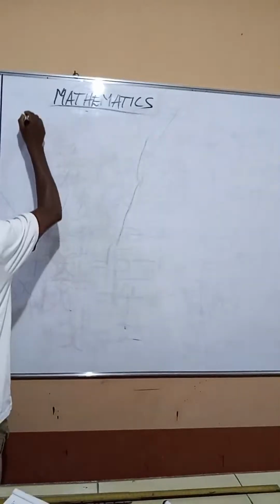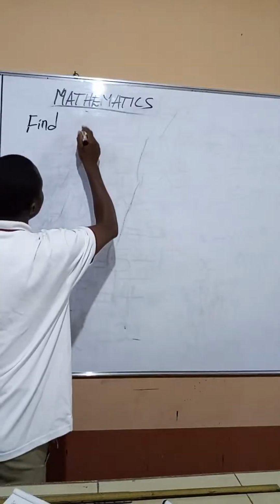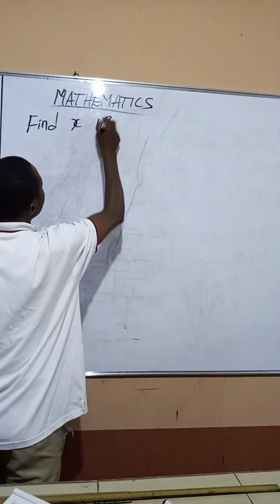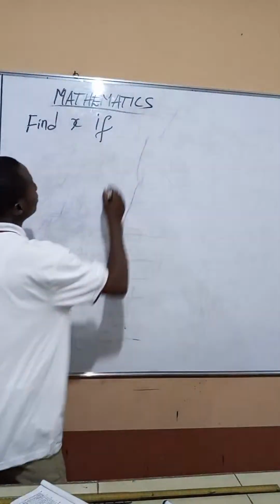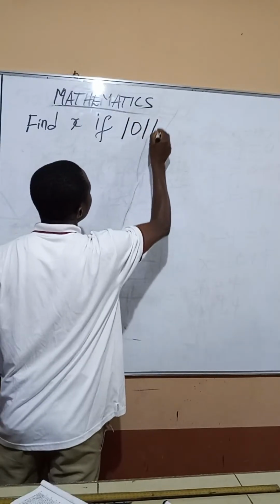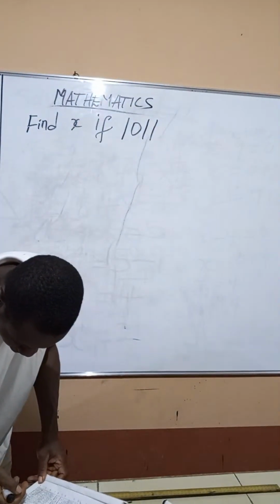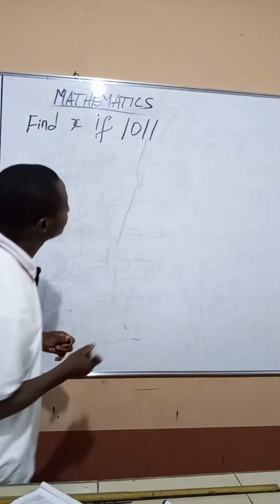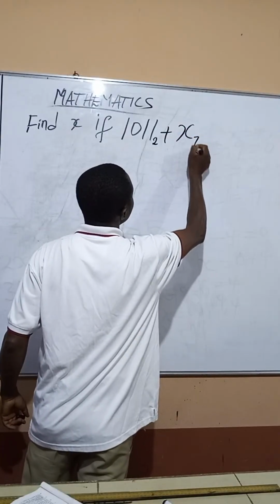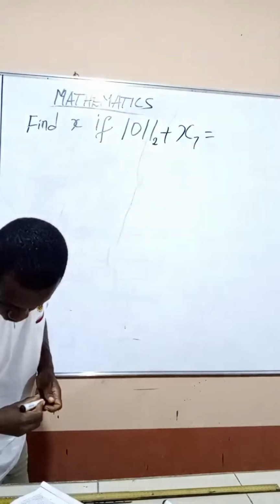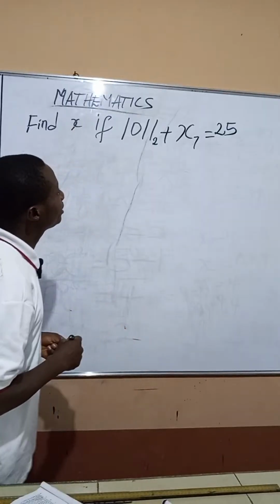Find x if 1011 base 2 plus x base 7 is equals to 25. This is what we have.